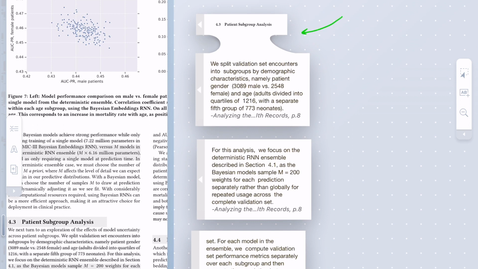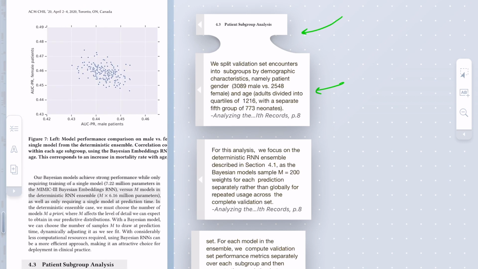Now they go over the patient subgroup analysis. So they split the validation set into subgroups, basically different cohorts, demographic characteristics. So first they go over the male versus female genders. And then, for example, they show and realize that there is a negative correlation between the area under the curve of the precision recall for male and female.